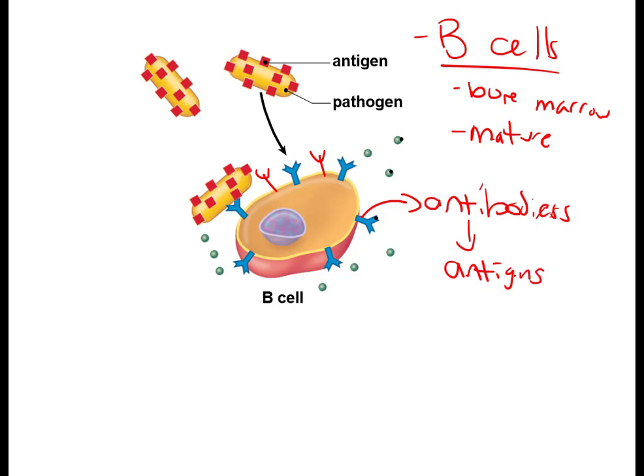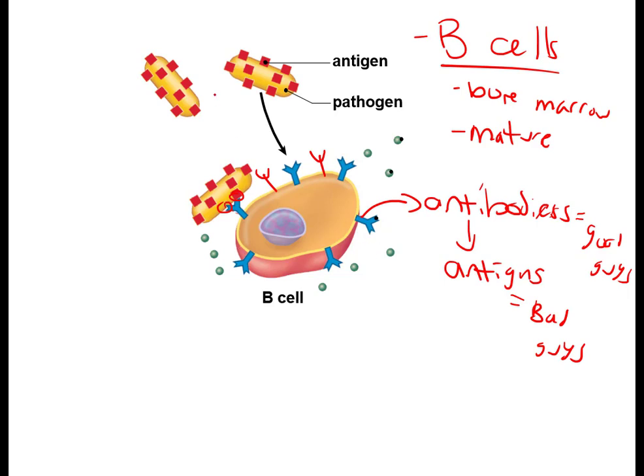So antibodies are the good guys here. We like antibodies. Antigens are the bad guys. So each antibody fits to an antigen, like a lock and a key. So here you can see this B cell, its antibody is going to stick to the antigen on this bacteria, on this pathogen.